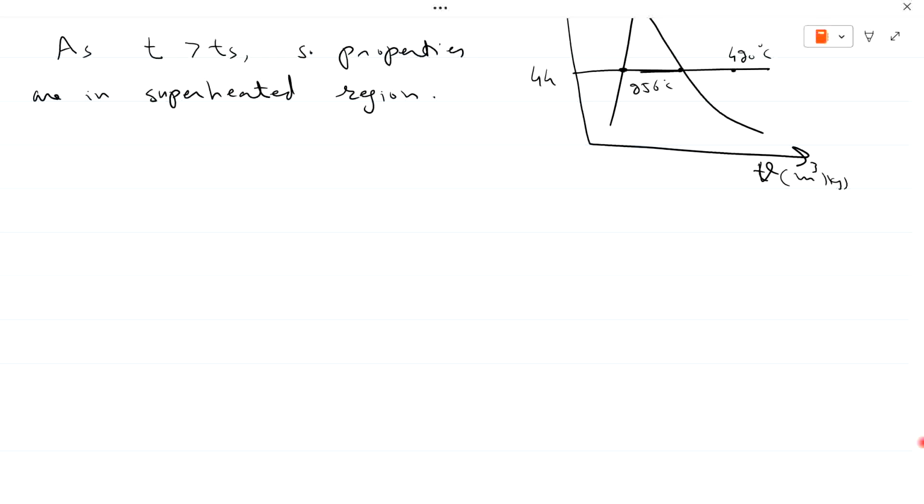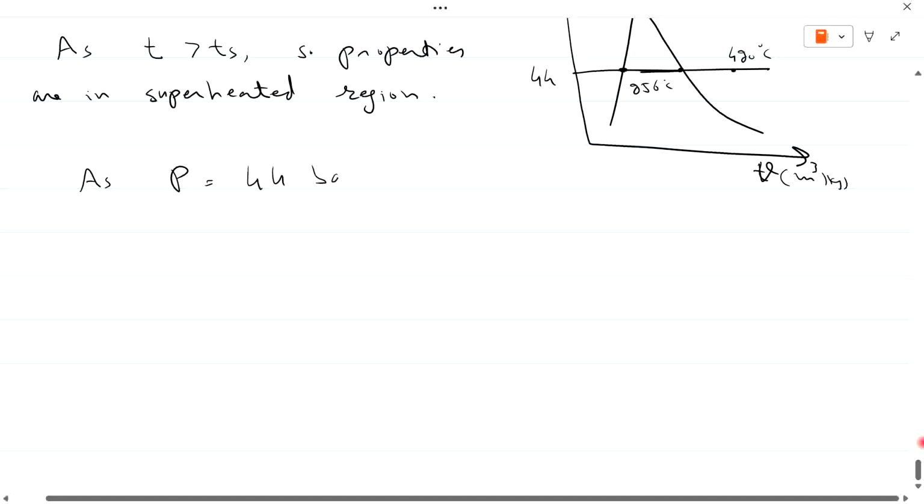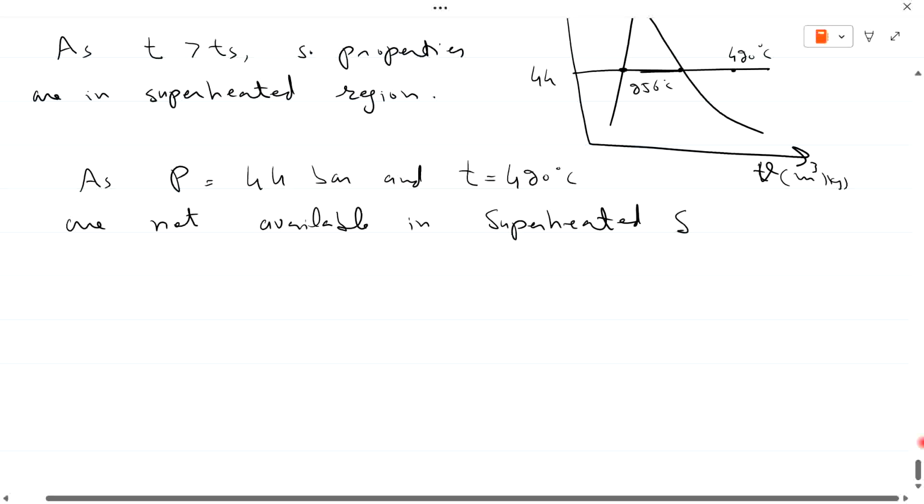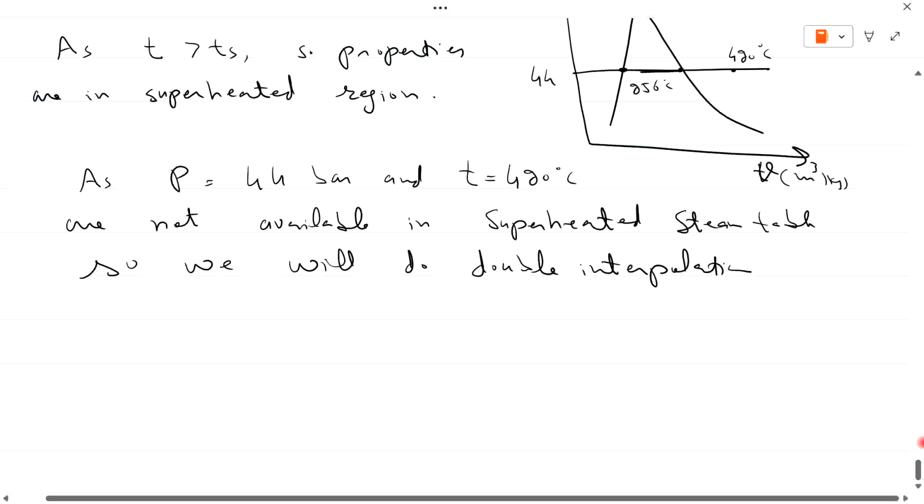Both values are not available, so we will do double interpolation to find the other values. First we find specific volume.